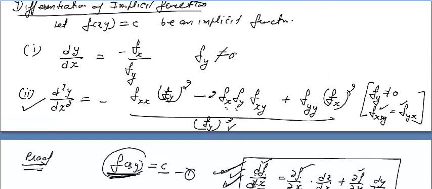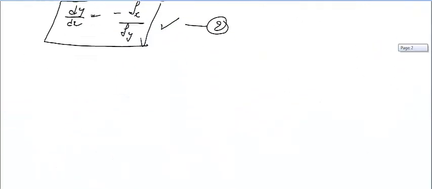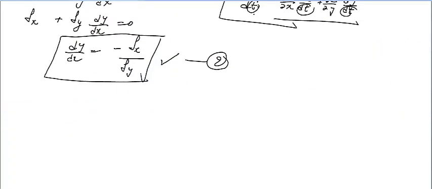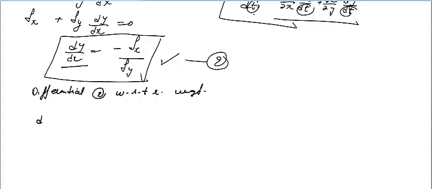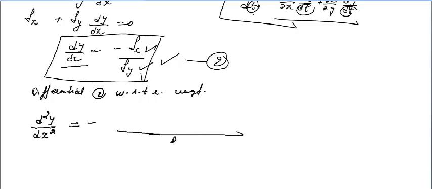This is the double derivative. So what you will do here, very interesting to see. Now differentiate this with respect to x. We get, very interesting to see student, the derivative of the left hand side with respect to x will be a double derivative with respect to x. Very interesting, no problem at all. So the derivative, this is u over v, and minus will be outside.